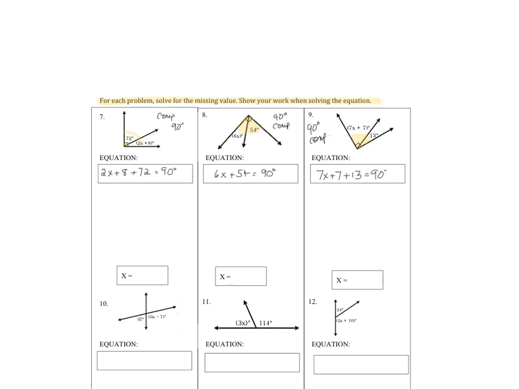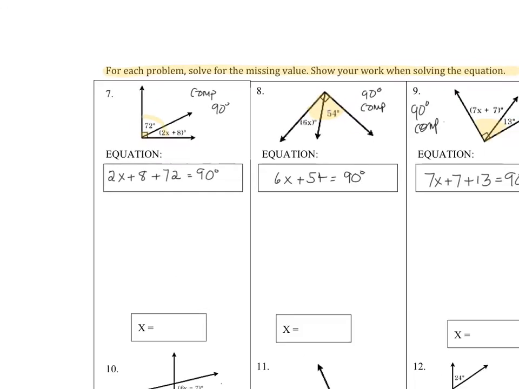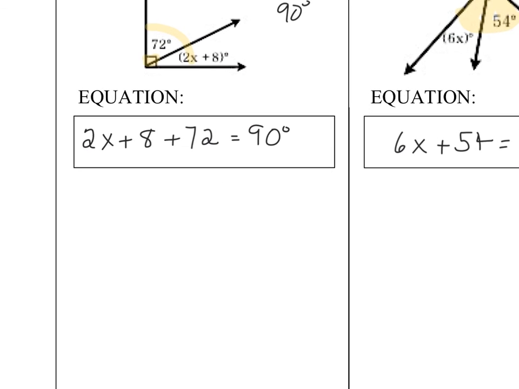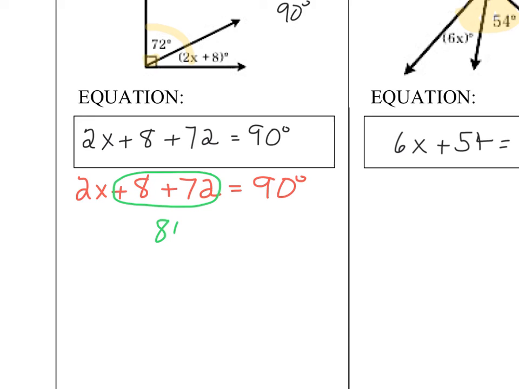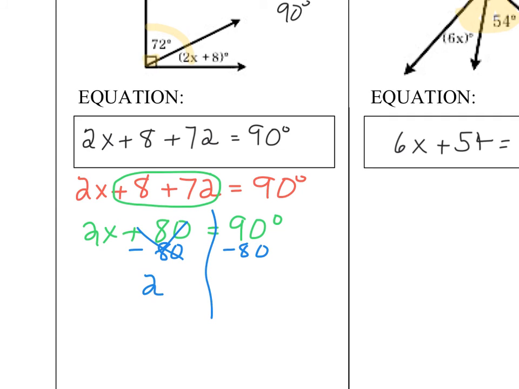All right, so those are the first three. I'm going to go through them right now. I'm going to rewrite them over. 2x plus 8 plus 72 equals 90 degrees. I'm going to combine, that'll give me 80. Then I'm going to subtract 80 on both sides. 2x equals 10.